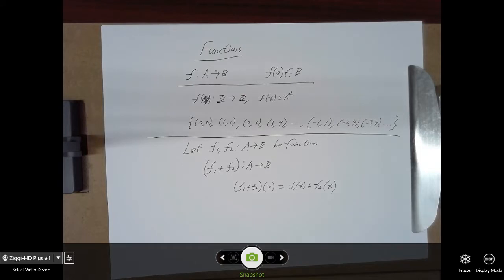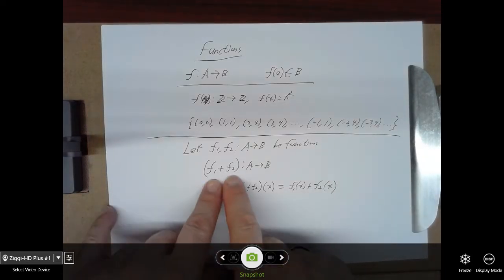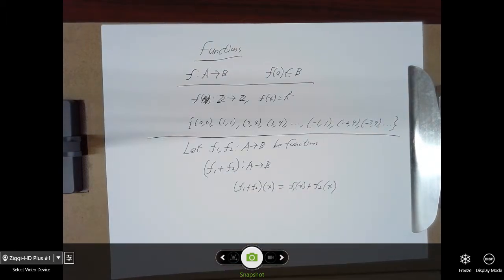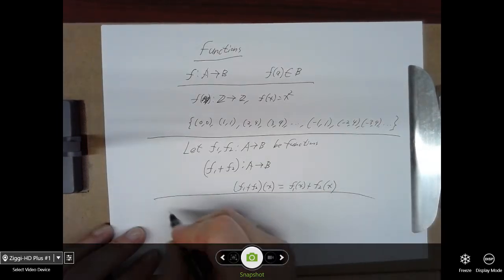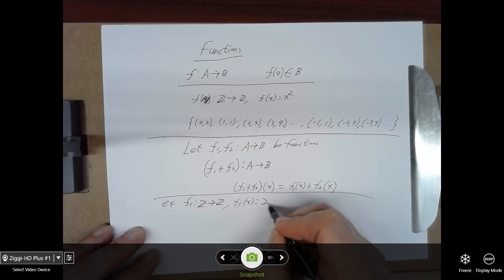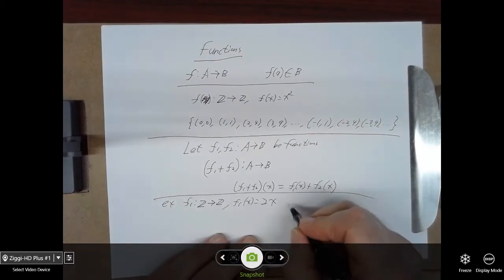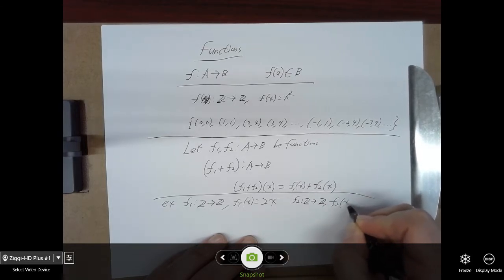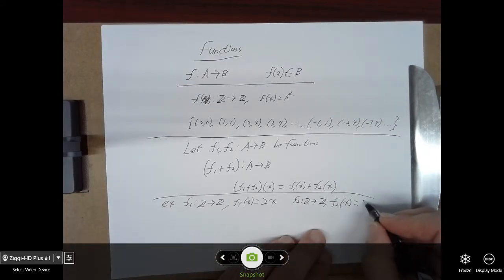And this only works if addition is defined in the codomain B. So if we're thinking of, say, integer to integer functions, f1 plus f2 is a function. It takes an element of A and it gives you an element of B. And the element it gives you is the sum of f1 of x and f2 of x. So for example, f1 goes from Z to Z, f1 of x equals 2 times x. And f2 goes from Z to Z, and let's say f2 of x is equal to x minus 5.